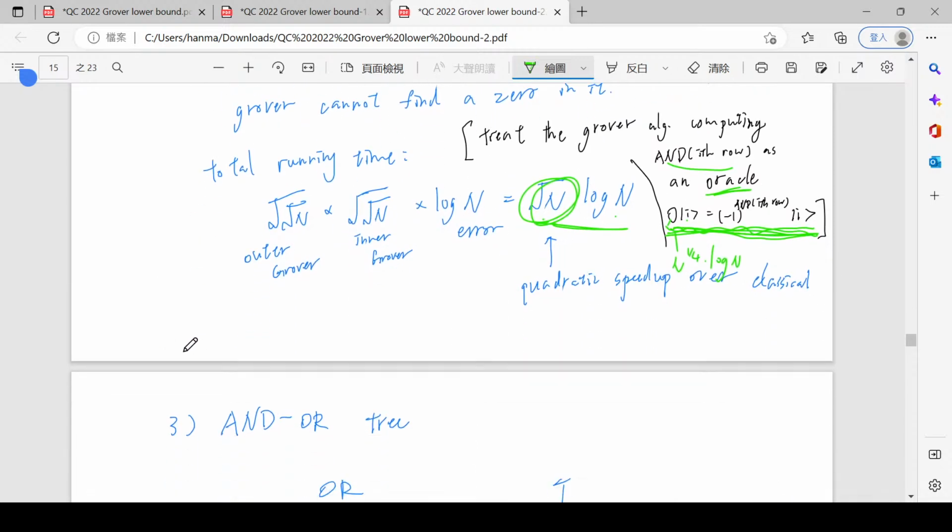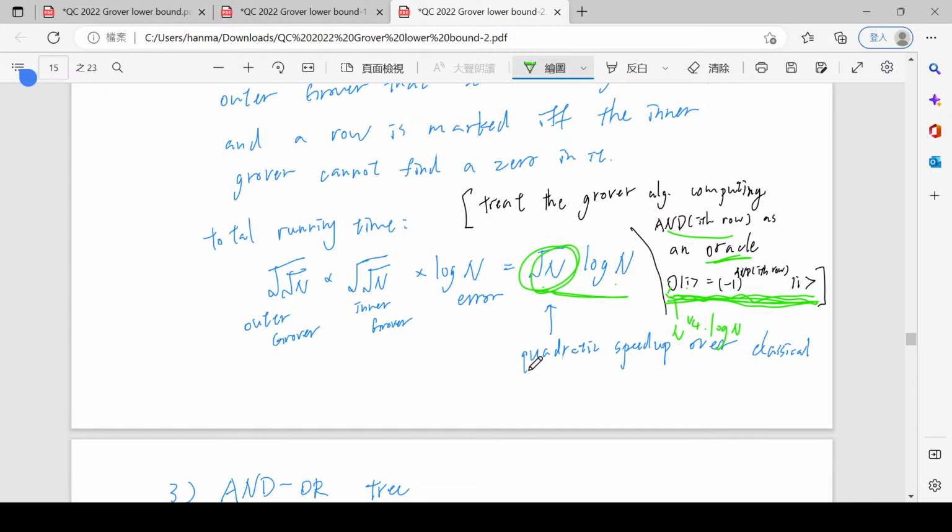Going over time a little bit, but then you can calculate the total runtime. The outer algorithm is Grover over square root n items, so it needs to take this many iterations, and each query of the outer algorithm is actually the inner algorithm.